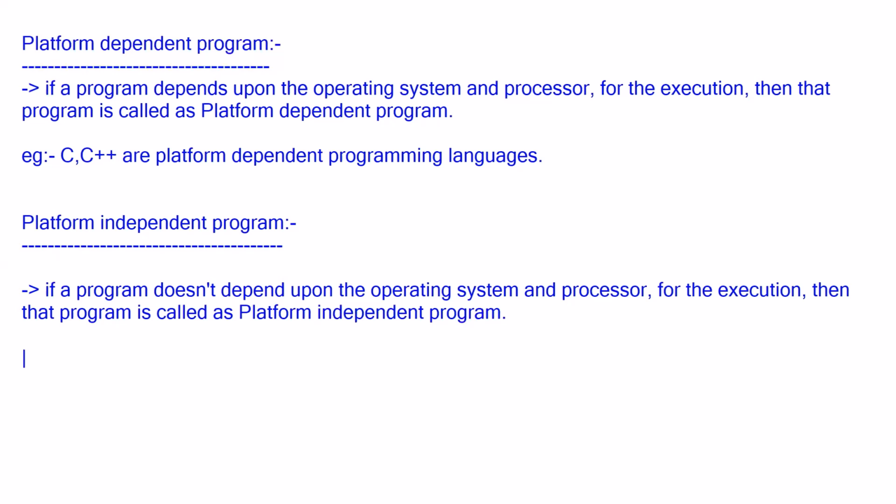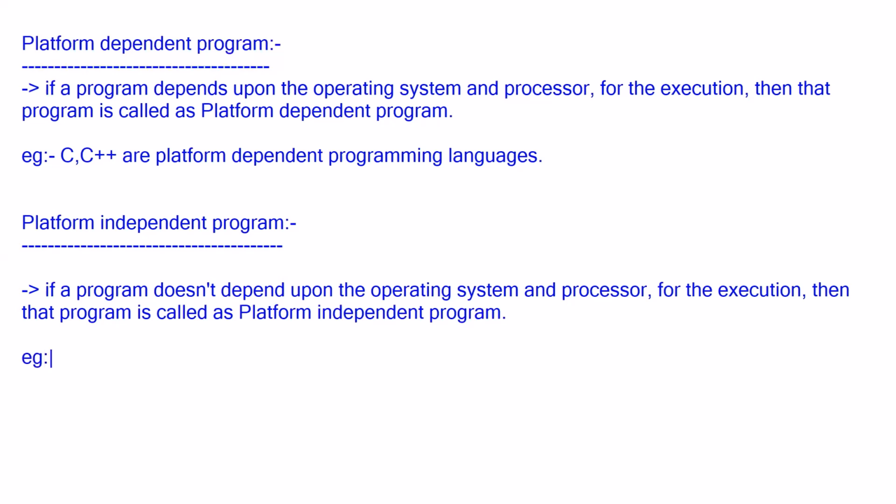Why? Because you are earning money for your education and paying with your hard earned money. So similarly here, if a program does not depend on the operating system and a processor for the execution, then that program is called a platform independent program.